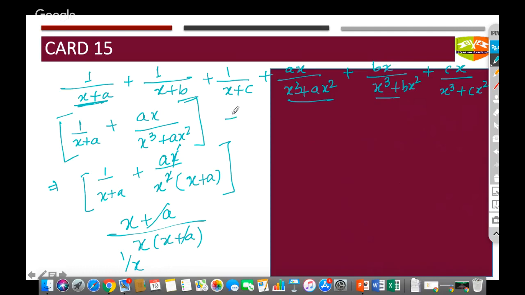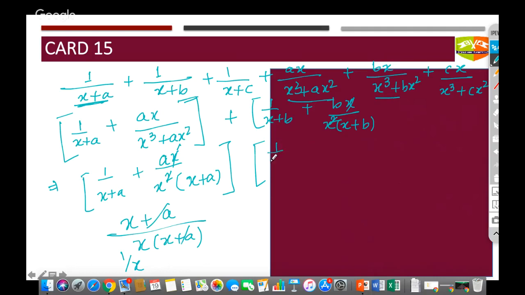So similarly, in this case also, I can take 1 by x plus b plus bx divided by x square times x plus b. I'm taking x square common here, and this becomes b, and this x is gone.